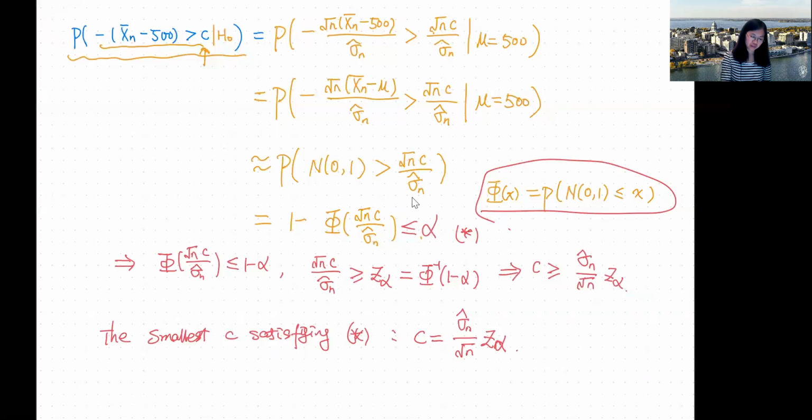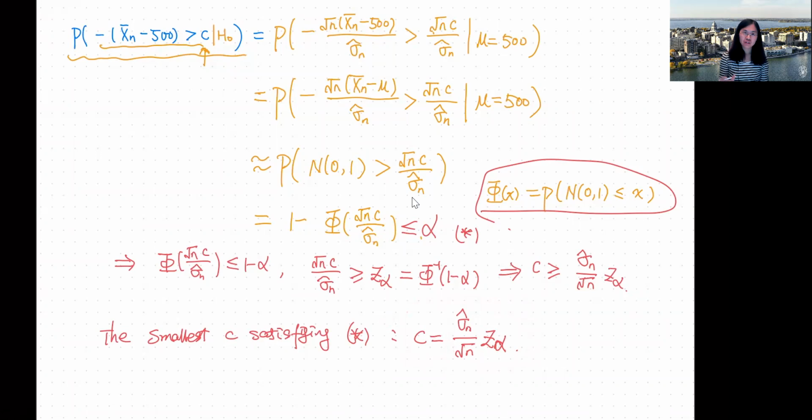So that should be the threshold that you use for the test for the null hypothesis, mu equals 500. So that's how you find the threshold.